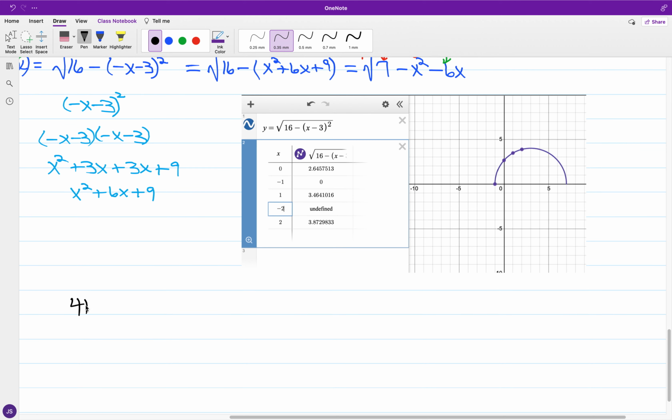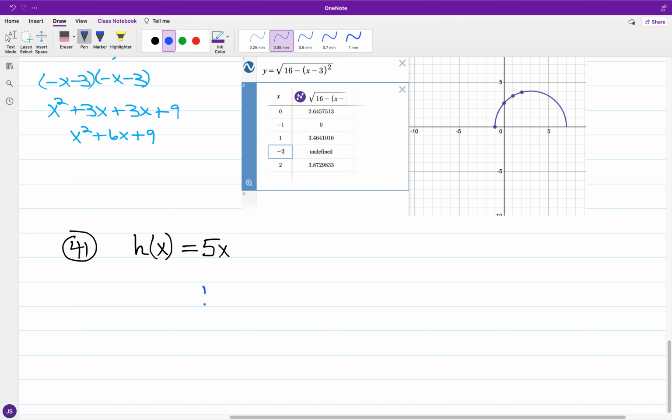Now, for what we have in the case of number 41, perhaps the most basic of the functions from this group, we have h of x equal to 5x, just a single term that defines h of x.